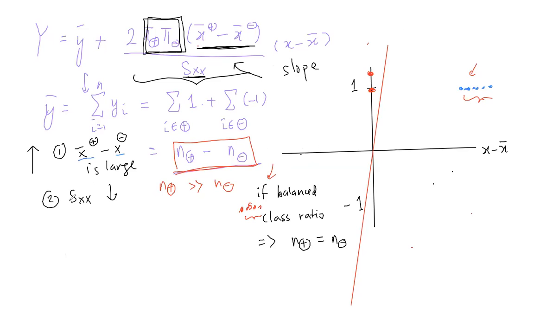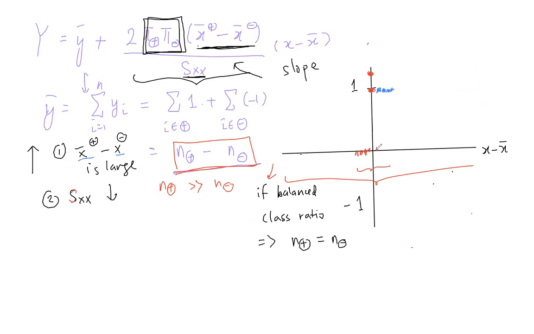The other case is when your variance of x is small, and this can happen as follows. When the variance of x is small, that means something like this. There's not much variation along x, so probably something like this. Your variance of x is not spread out, so it's rather small.